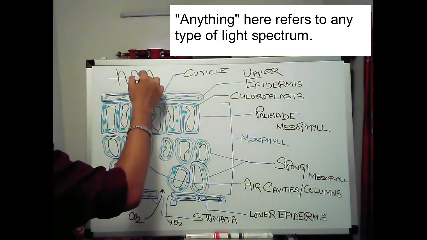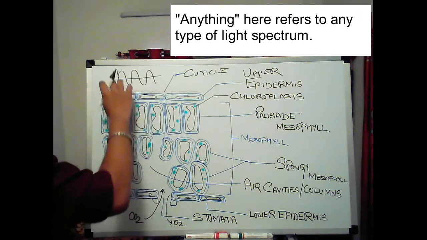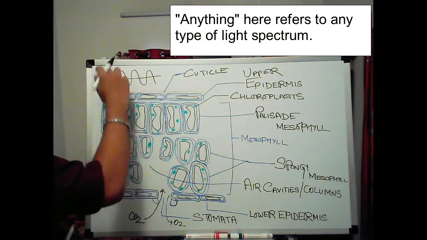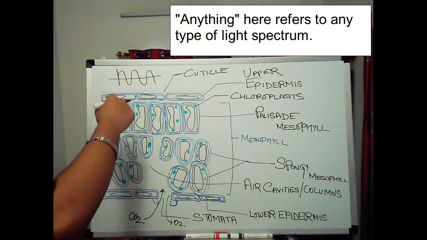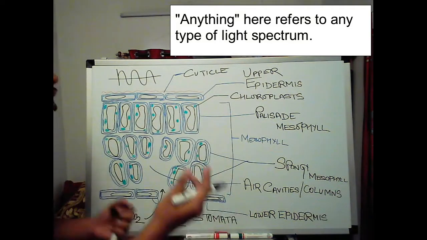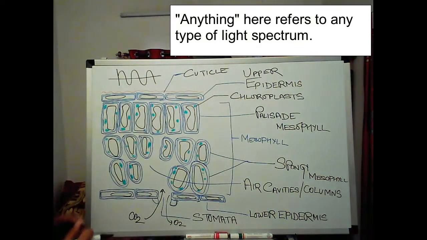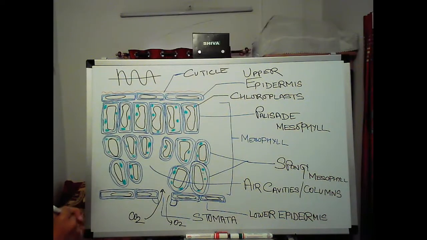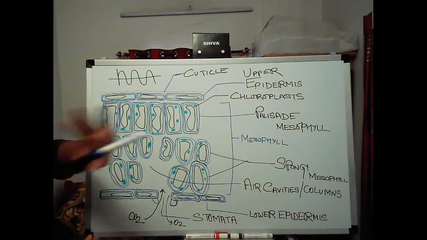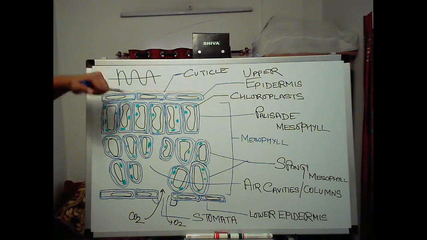If you have seen the drawing, that wave of sunlight has many waves. A specific wave is being absorbed by these chloroplasts. I won't be naming the wave, just remember this.